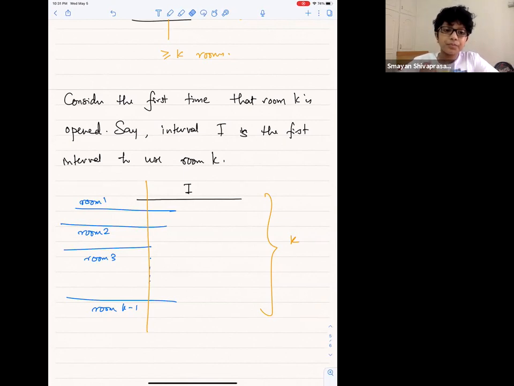And then if another two overlap, you don't always need to add one room, because you can use the same two rooms for these two meetings. Yeah, but that's exactly this algorithm, Smayan. What I'm trying to say is that we don't need to consider the first algorithm with the earliest starting time and clear the overlapping ones and put them in room one.